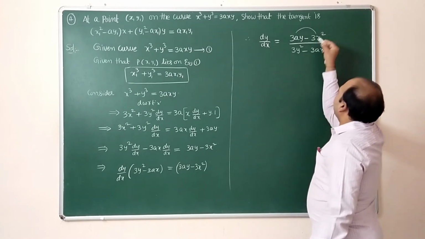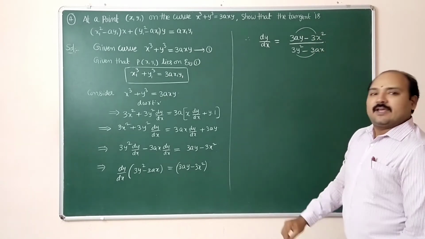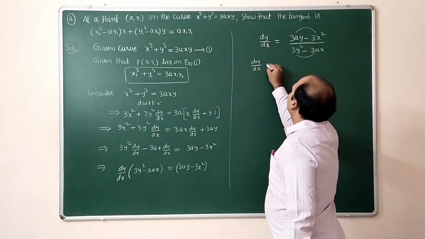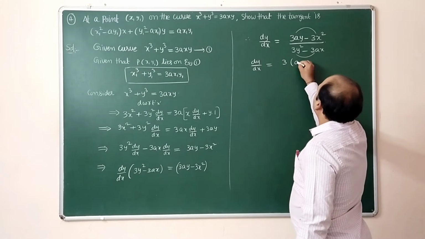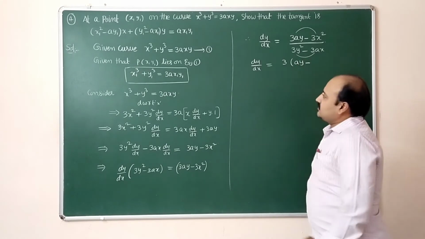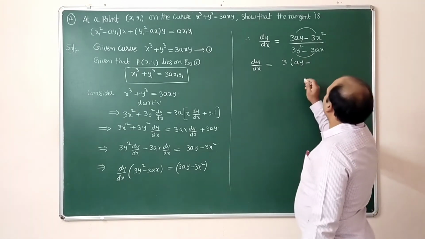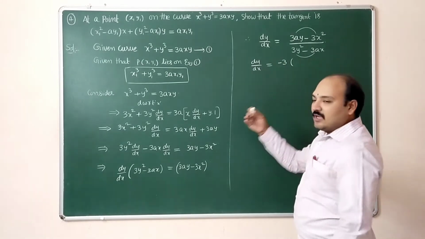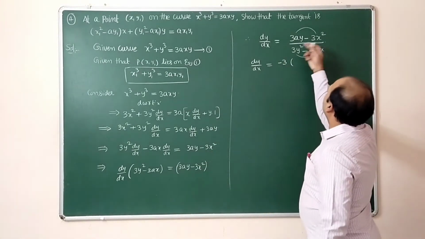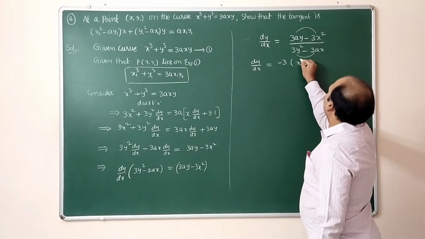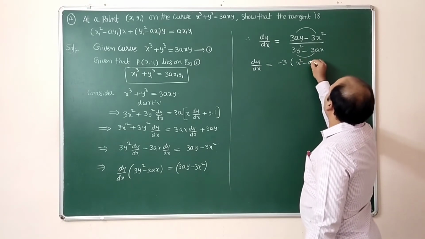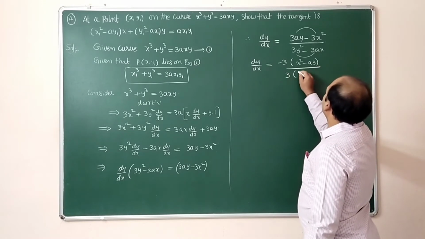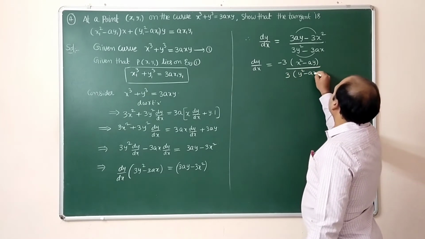Now from numerator and denominator, 3 is common and cancels. Here I am taking minus 3 common, better to take minus 3. Why? Because it will help in the coming steps. Minus 3 if you take common, (x square minus ay) divided by 3 common, (y square minus ax).